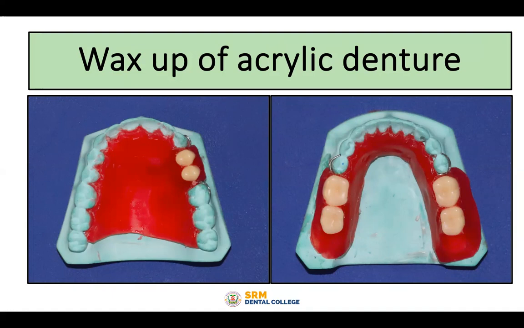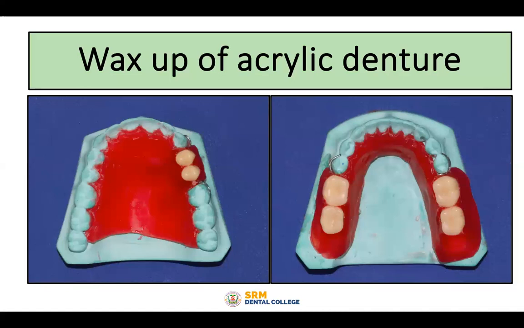If it's going to be an acrylic denture base, or a provisional denture base with shellac base plates, ideally you don't require a wax up on the palatal surface and the lingual surfaces of the mandibular denture base. But if you feel the thickness is going to be less, it should be at least a minimum of 2 millimeters. If that thickness is not there, then the palatal surfaces of your maxillary denture and the lingual surfaces of the mandibular denture have to be waxed up.